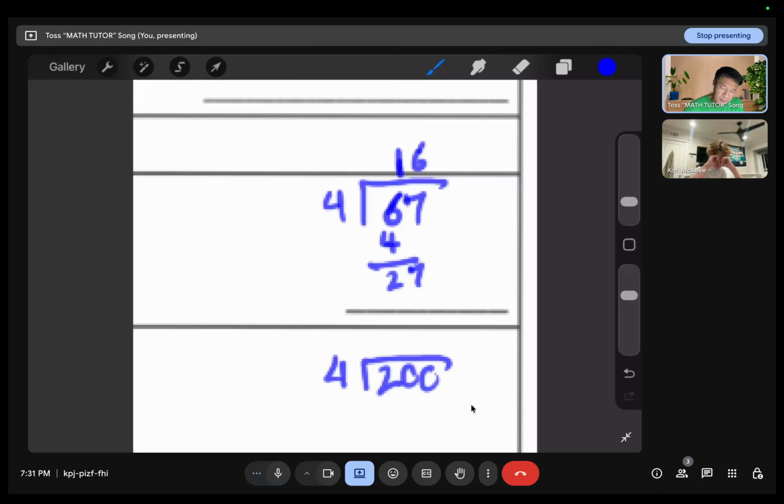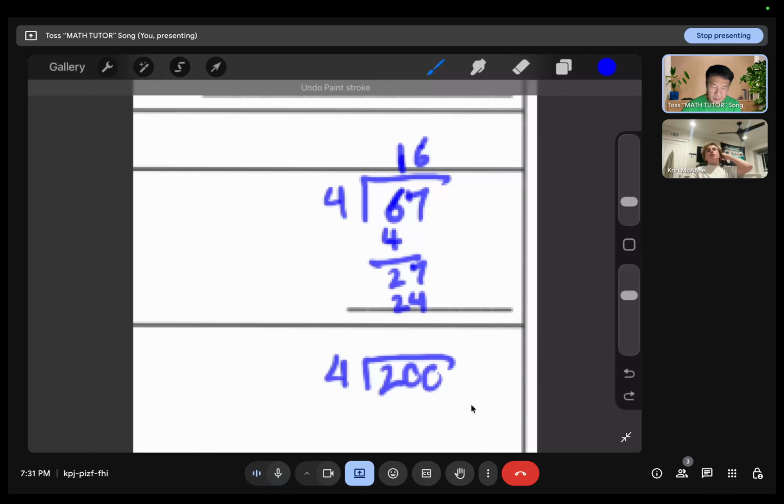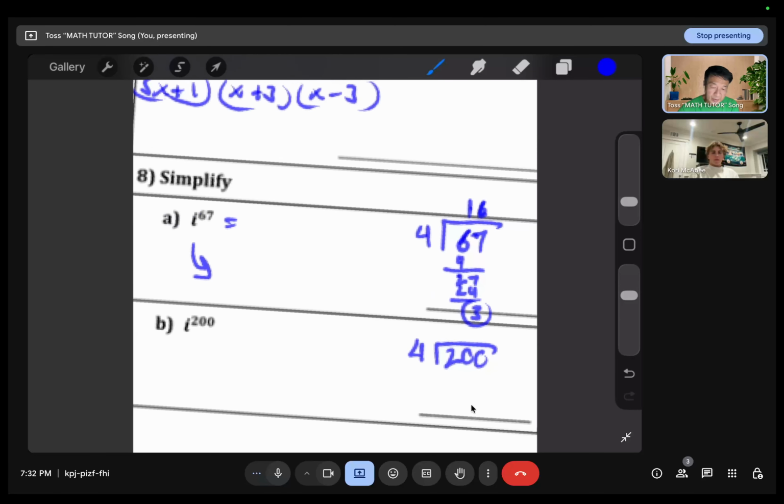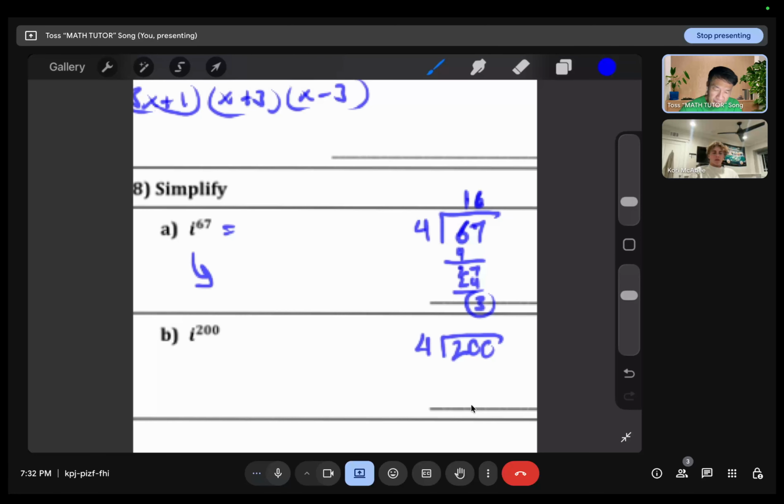So 6 times, which is 24. The remainder is 3. Let me write it smaller here. So it will be 4 here, subtract, you get 2, 7 right here, and then you do 6, you get 24, subtract. The answer is this right here, but you can't write 3. You have to write i to the third.